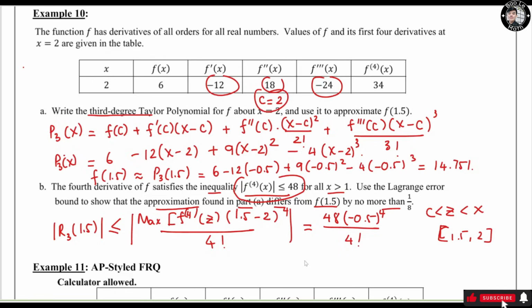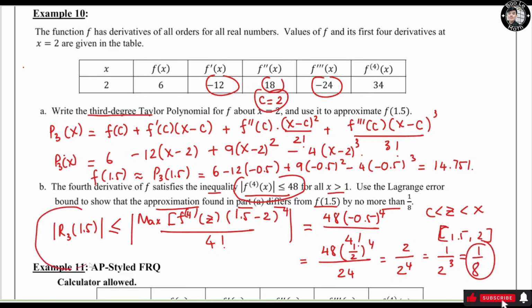We're going to simplify. So 48 times negative one half raised to the 4 is positive, so I have 1 over 2 to the 4 over 24. 48 divided by 24 is going to be 2, so you have 2 over 2 to the 4, so it's 1 over 2 cubed, and this guy equals 1/8. So finally, we just proved that this guy is less than or equal to 1/8, which is right here.